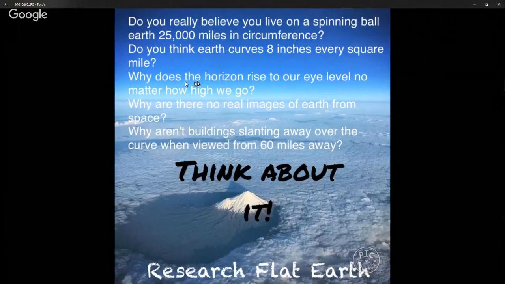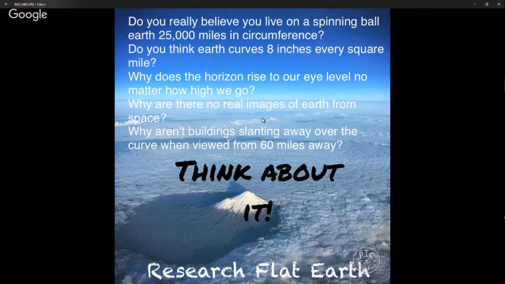Why does the horizon rise to our eye level no matter how high we go? Why are there no real images of Earth from space? They show us galaxies, stars, planets, light years away, but there is not one real CGI-free photo from our ball Earth.